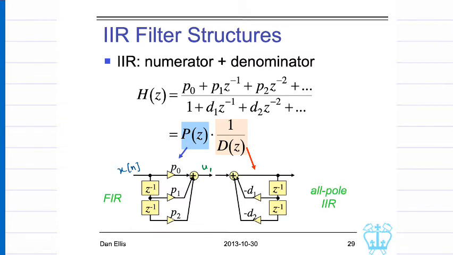Then v1 is the feedback, and I get u1 plus v1 here. So my y[n] is actually u1 plus v1, where u1 comes from the FIR filter and v1 comes from the all-pole IIR filter.